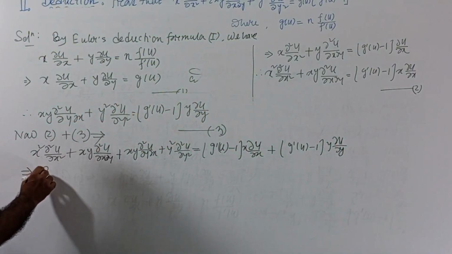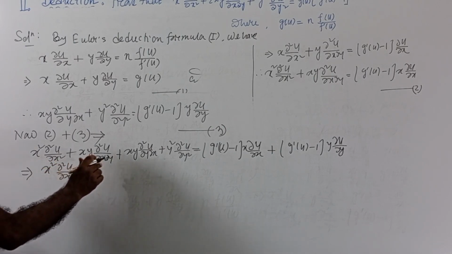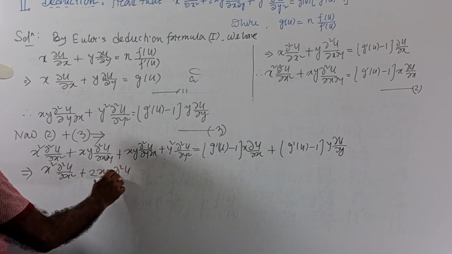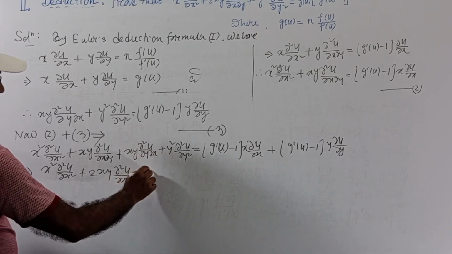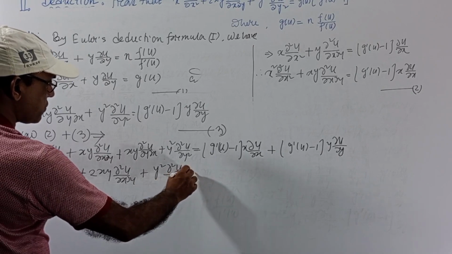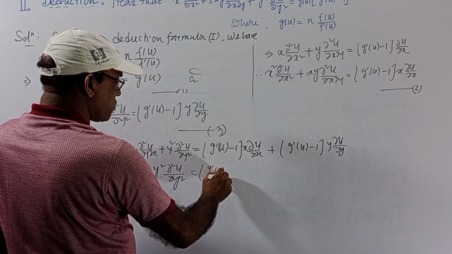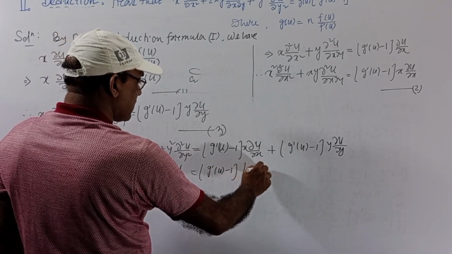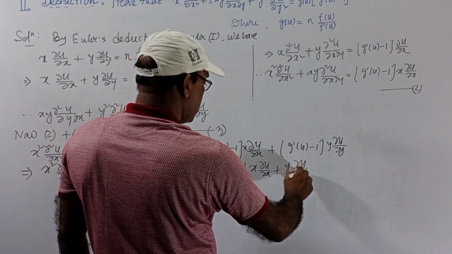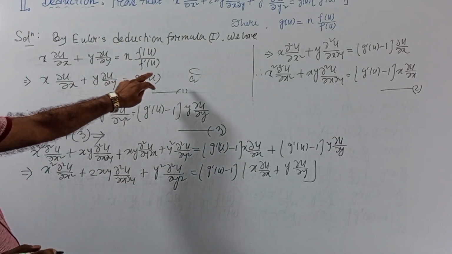So this implies x square del square u by del x square, this and this 2xy del square u by del x del y, this is y square del square u by del y square, and from these two g dash u minus 1 common, we get x del u by del x plus y del u by del y, and x del u by del x plus y del u by del y means g of u.